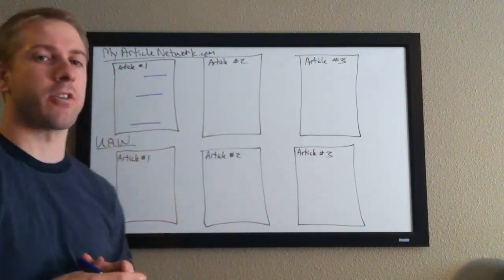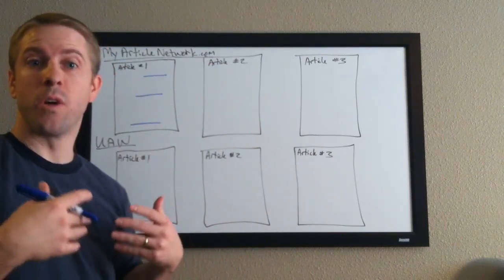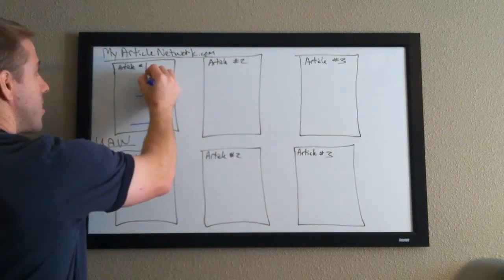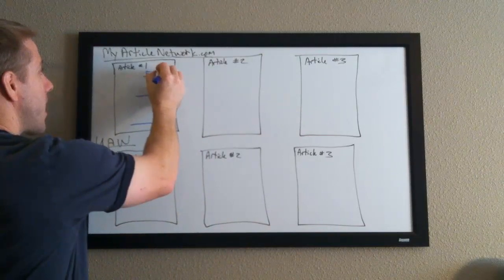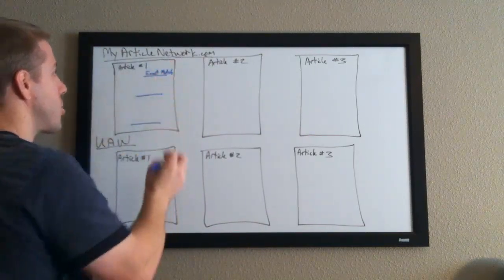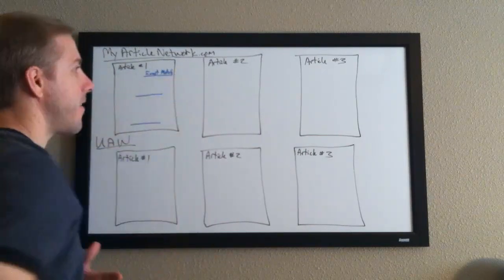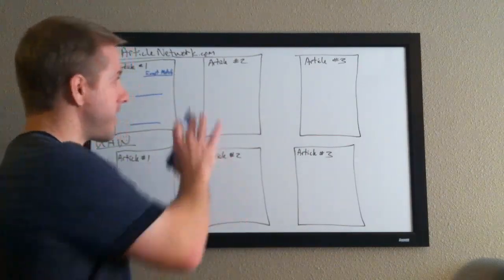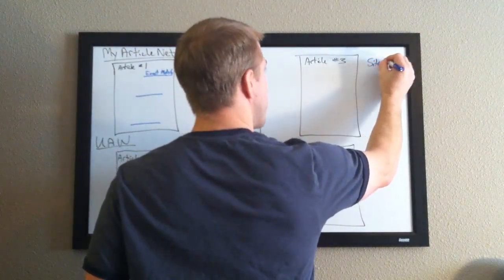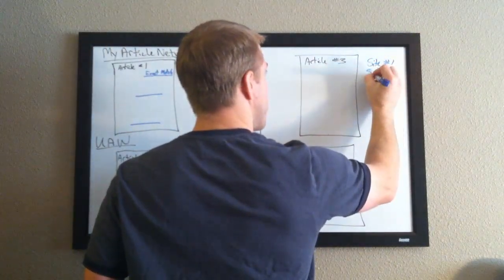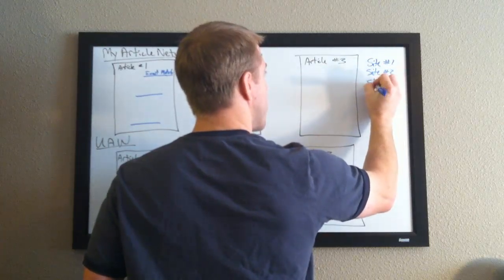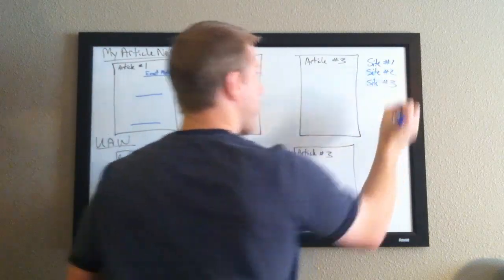Within the first article, I link to my first site with the exact match keyword anchor text. So I'm going to just put exact match there. And I do want to specify that I will link to 3 different sites. So I've got site 1, site number 2, and site number 3.